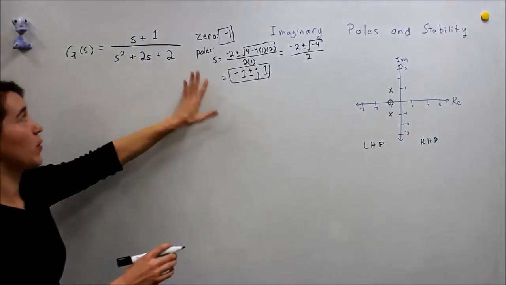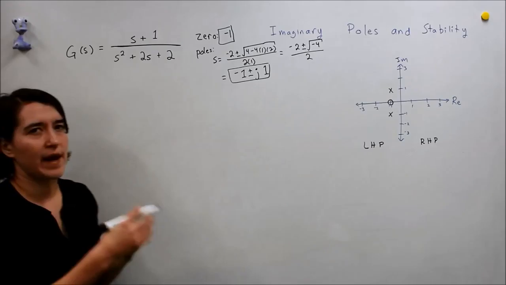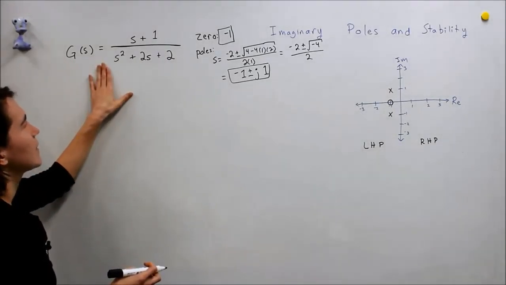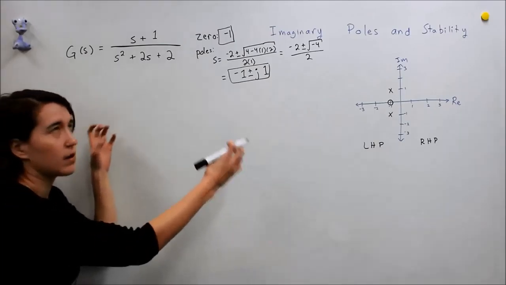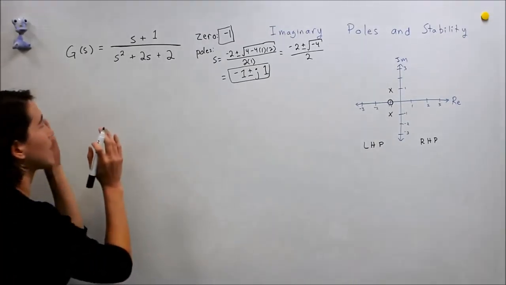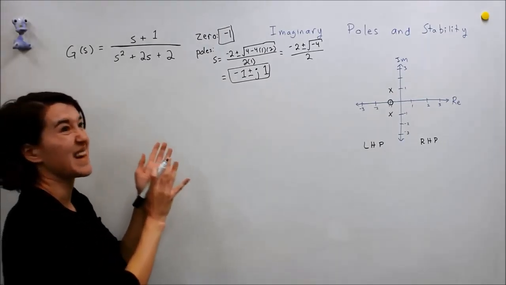All right, so we know our poles and zeros, and let's try to think back to what this means in the time domain. So we look at this, we can't factor the denominator, so we can't break it apart like we did last time. So we have to actually think about this in terms of cosines and sines.